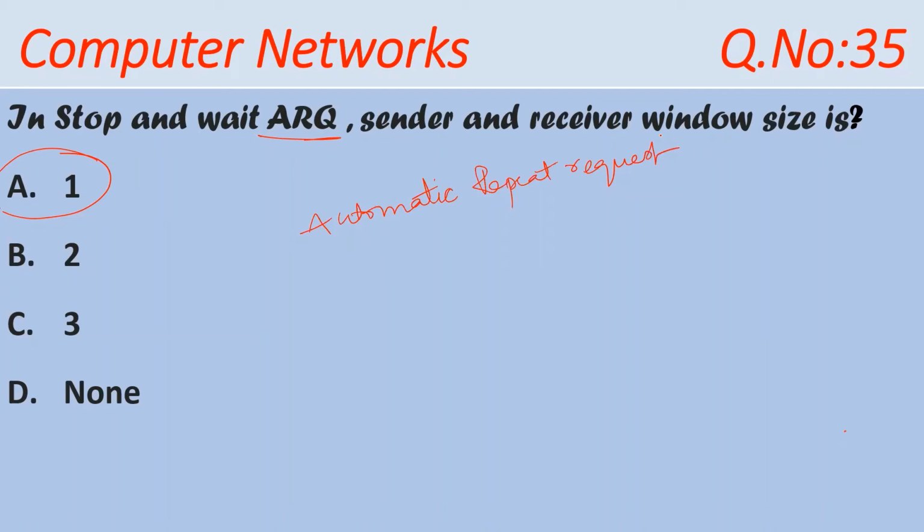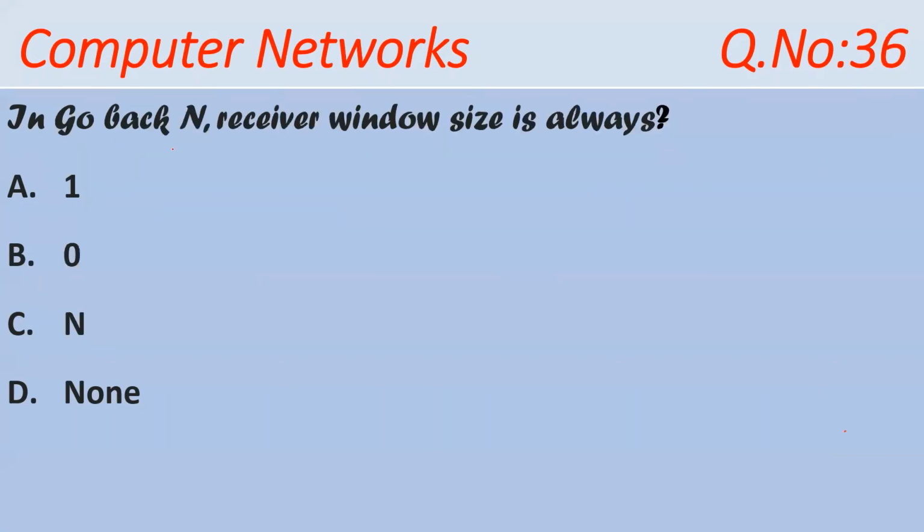ARQ is used in noisy channels, and the sender side window size and receiver side window size will be 1. For Go Back N ARQ, the receiver window size will always be 1.